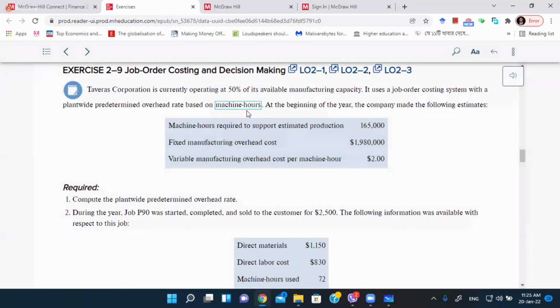So machine hour is our activity base. You can recall what I mean by activity base. At the beginning of the year, this is the idea that we'll be using the predetermined overhead. That's why it says at the beginning of the year, the company made the following estimates.